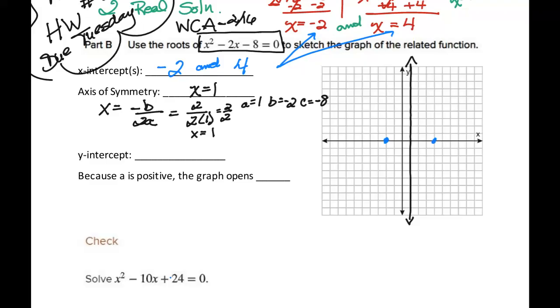Everybody, flip back, first couple pages, and look for the general or standard form. It gives you the y-intercept.